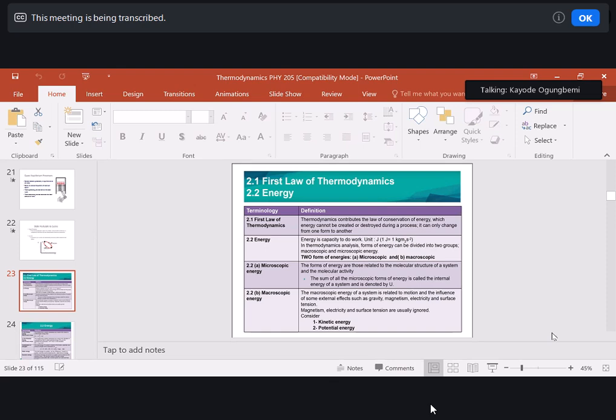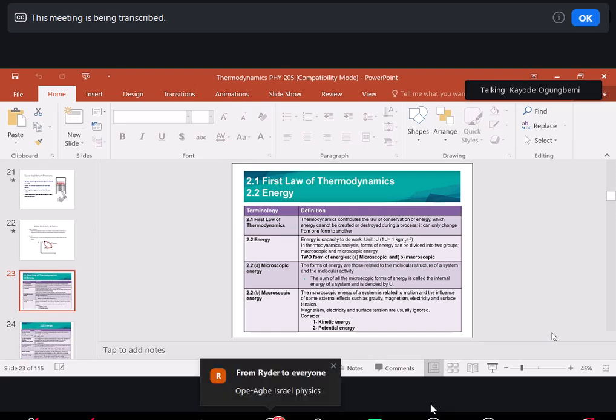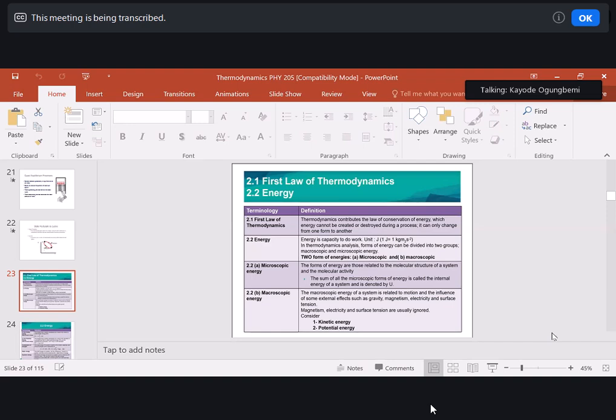So for energy, you know the definition of energy and how you can estimate or analyze it. We have microscopic energy and macroscopic energy. If you are talking about microscopic energy, you are talking about the energy of different entities. When you have water, you can discuss water at the level of the water molecule, and you can discuss water at the level of the hydrogen and oxygen.